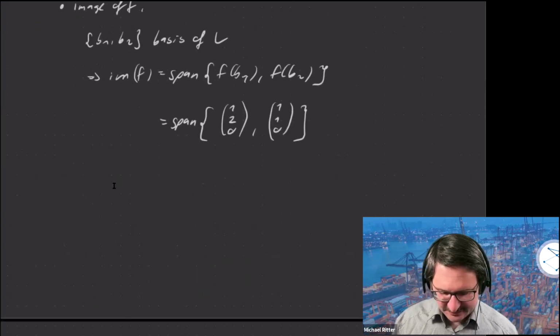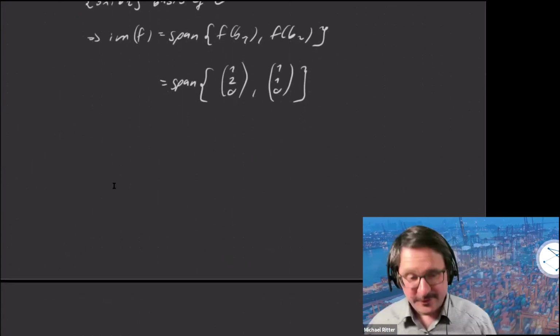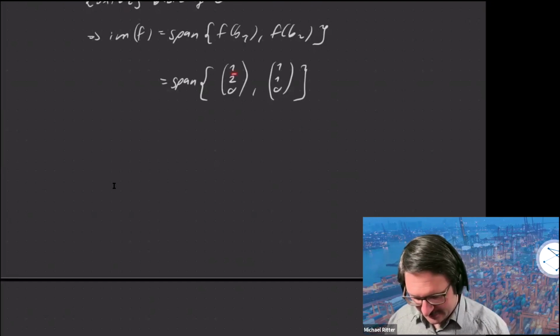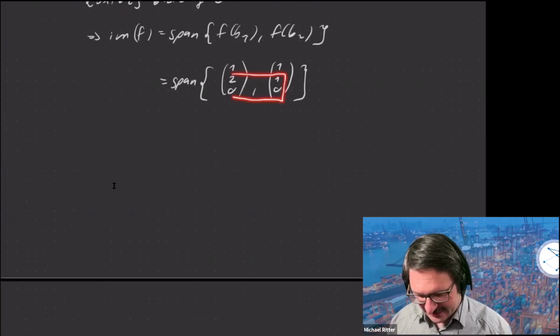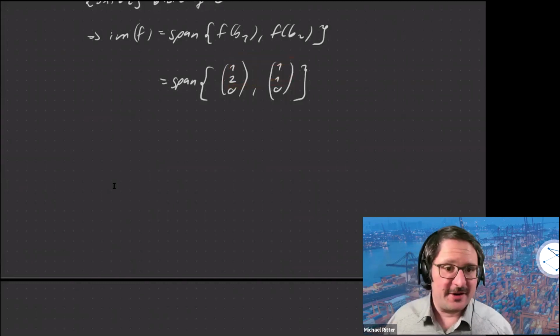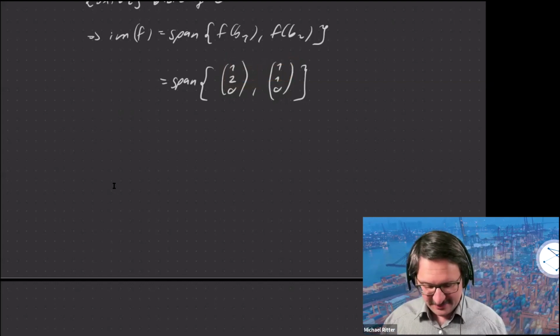So these are two vectors that span the image. If you look at those, just take the first two rows, not the last two rows, bad idea. You should be able to see that those are linearly independent.